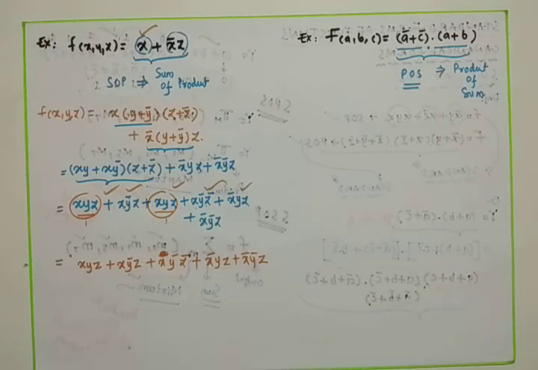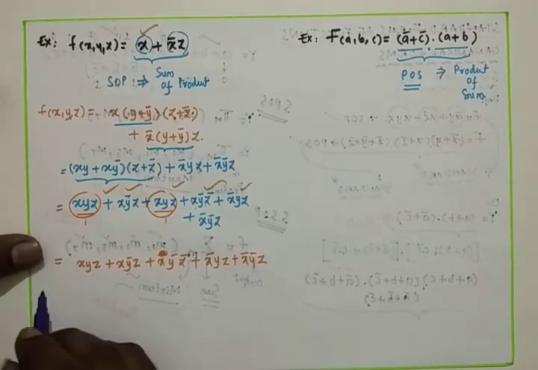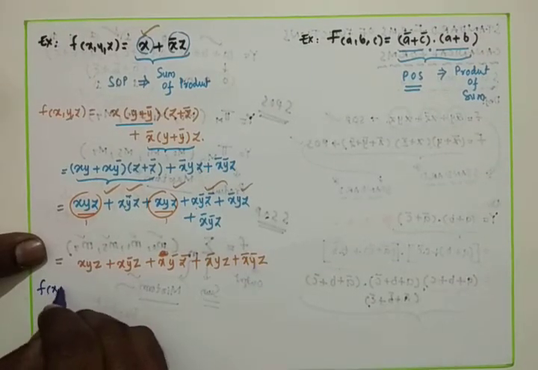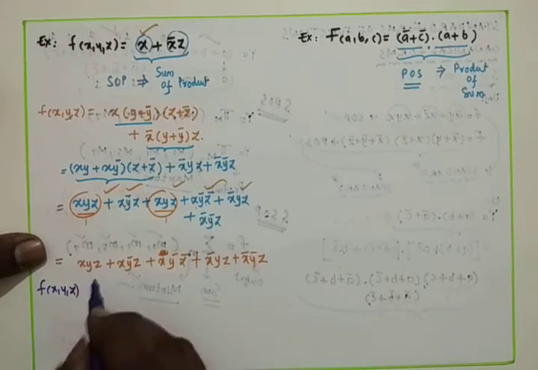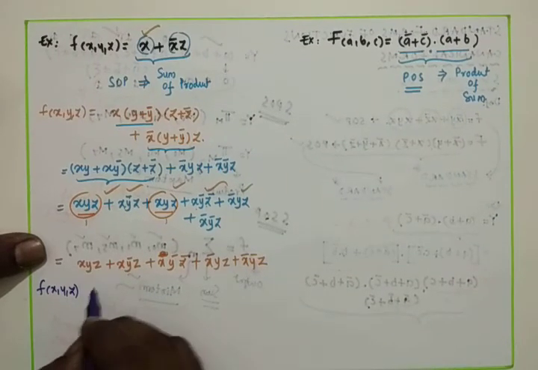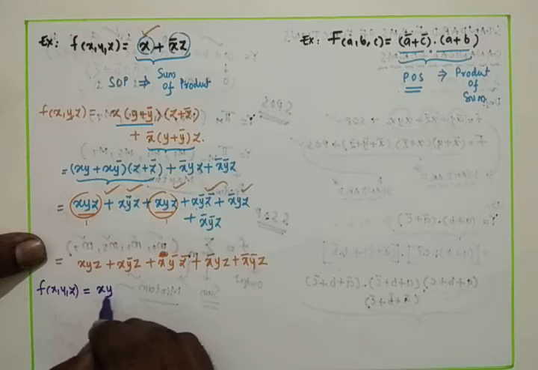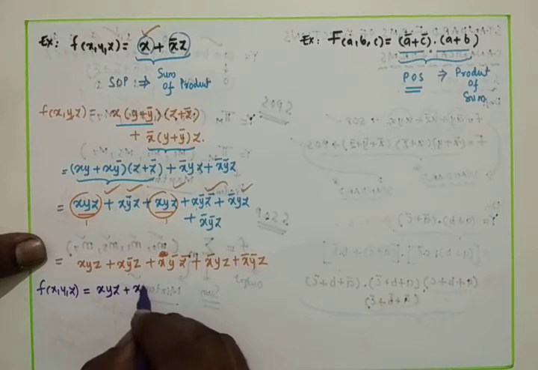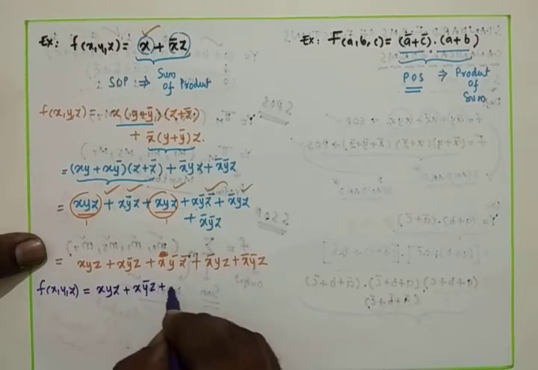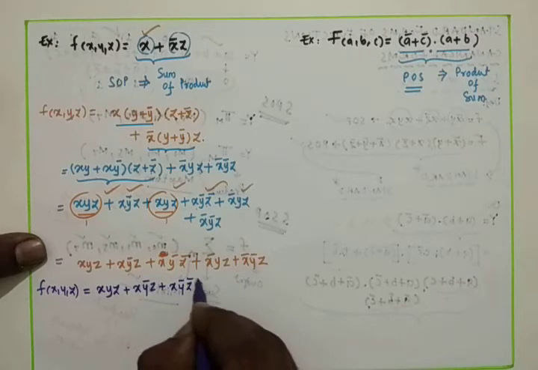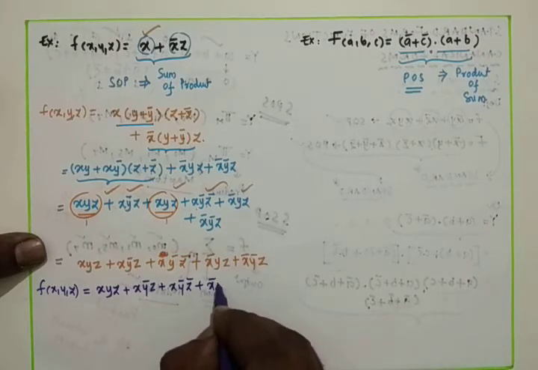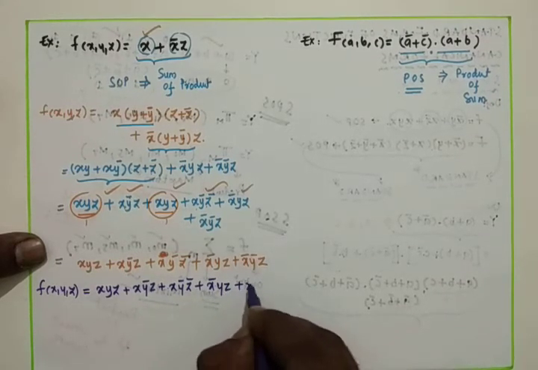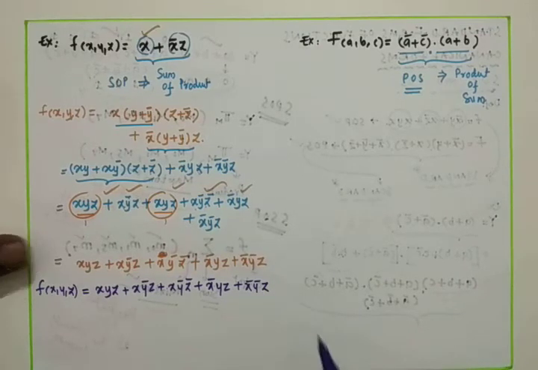Now it is a standard form, that is f(x,y,z) = xyz + xȳz + xȳz̄ + x̄yz + x̄ȳz.